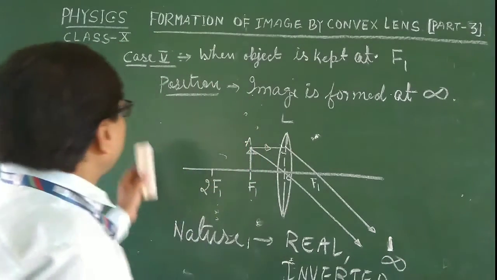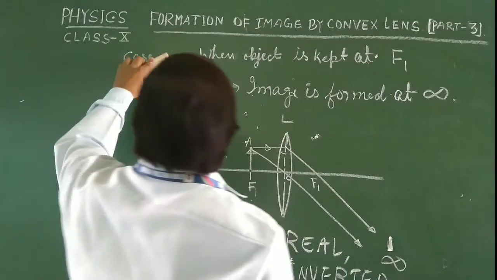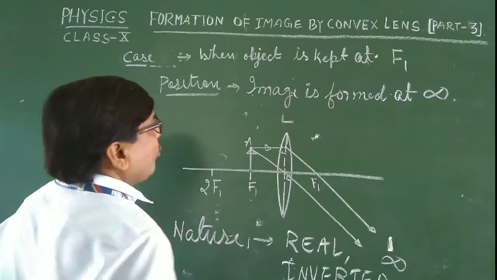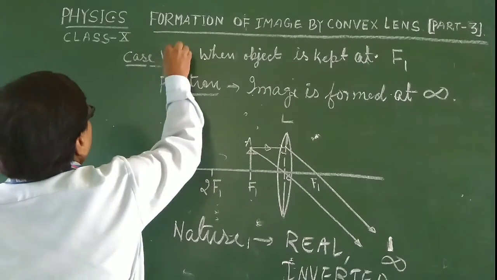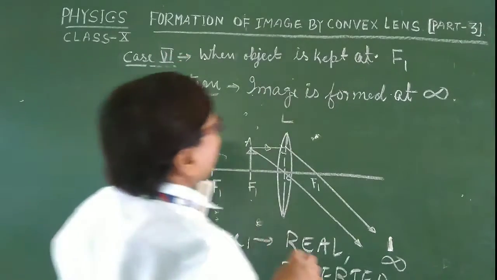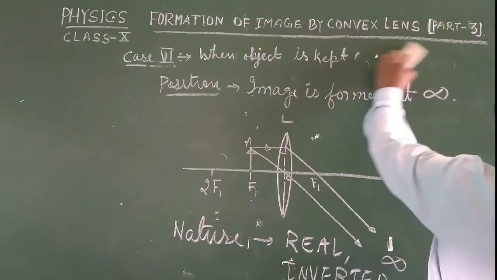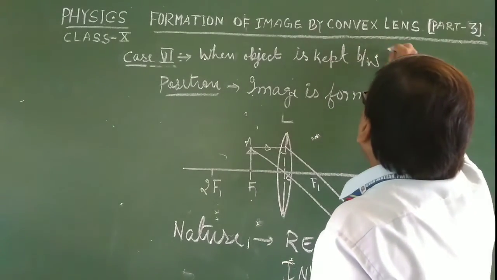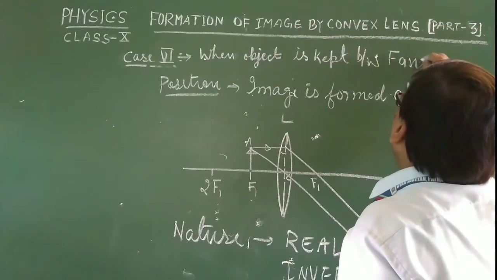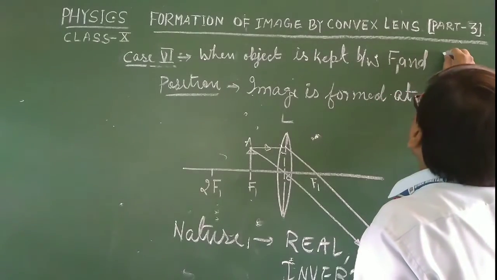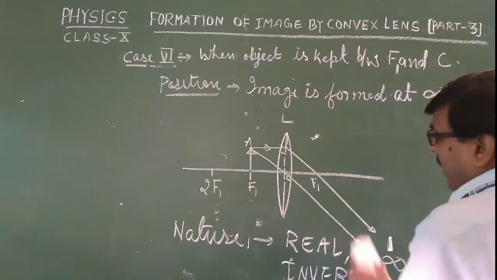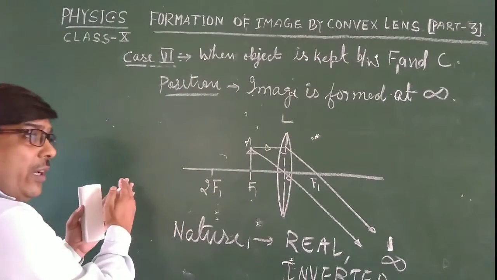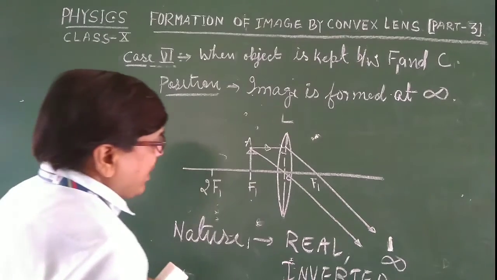Last case, case 6: when the object is kept between the optical center and focus. We can see that when the object is kept between F1 and optical center C, the image is formed on the object side.